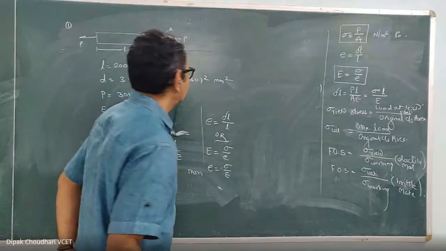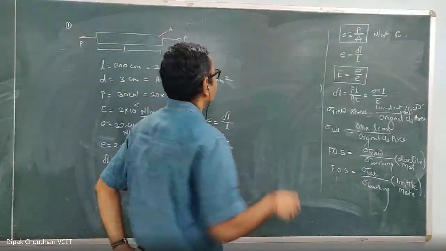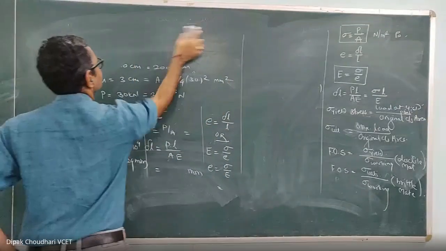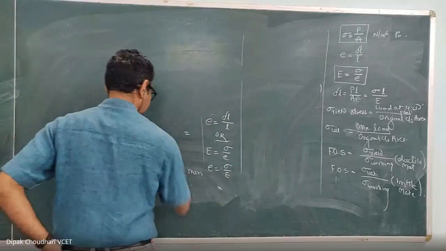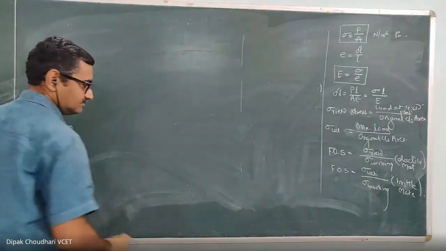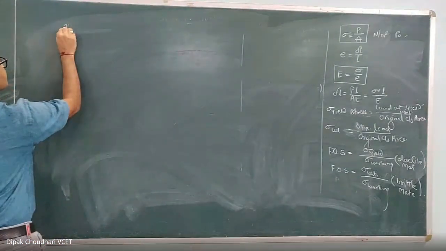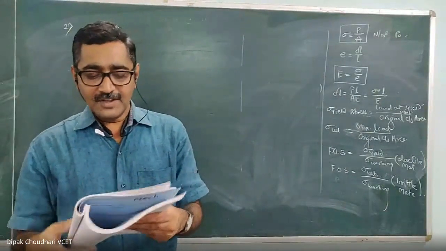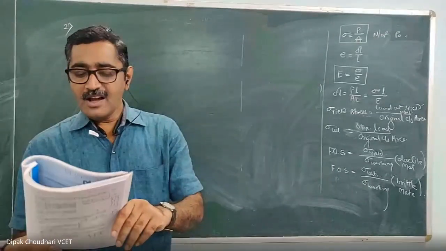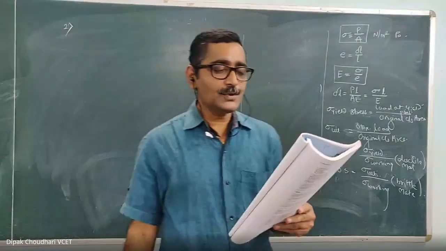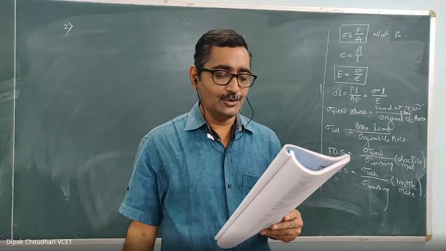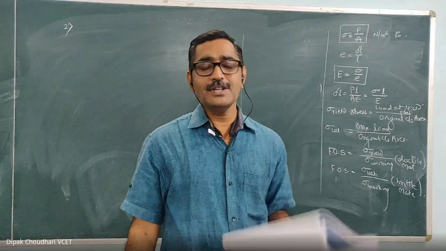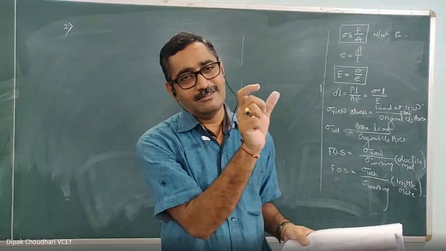So, second sum. What is given? A hollow steel tube is used to carry the compressive load of 140 kilonewton. The yield stress is 250 Newton per millimeter square for the given material.